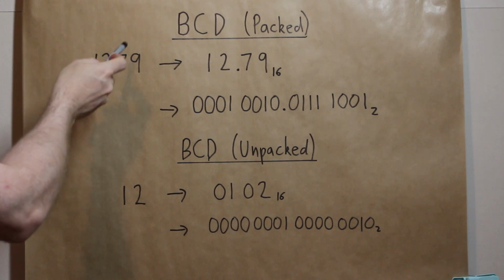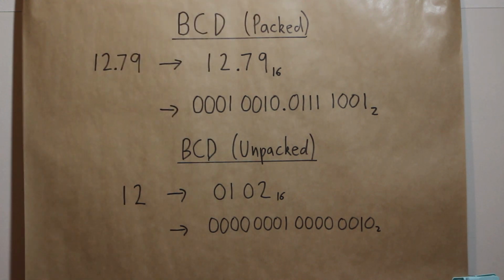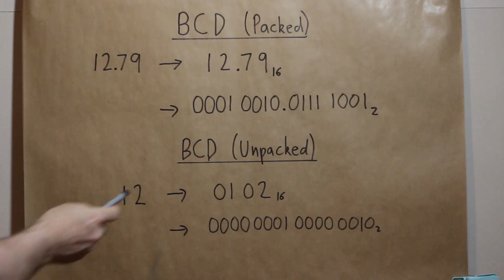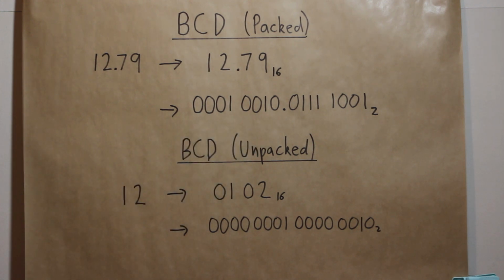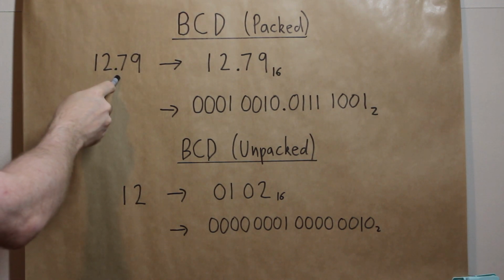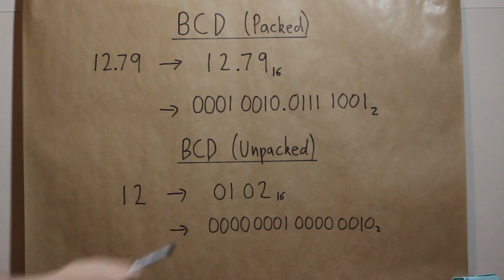But just in the same way that it's very difficult to write a third in decimal, you'd need 0.33333 on forever, you'd need infinitely many digits. So if you use actual binary numbers, it's very difficult to write some decimal numbers exactly in binary. You need infinitely many digits on the binary side, even though you don't need infinitely many on the decimal side.